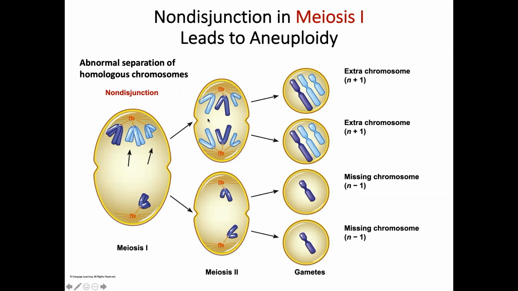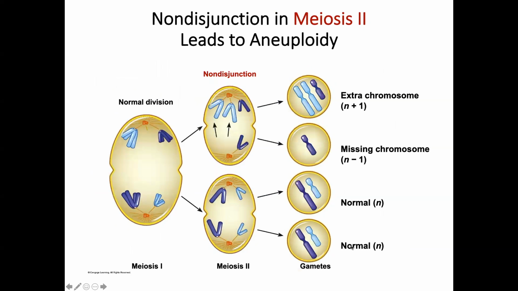So this leads to two gametes that both carry both members of the chromosome pair. This is called N+1, and two are missing one chromosome, shown as N-1. Non-disjunction can also occur in meiosis 2, when separation of sister chromatids becomes abnormal.